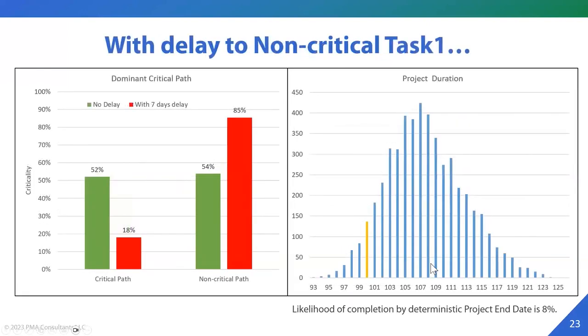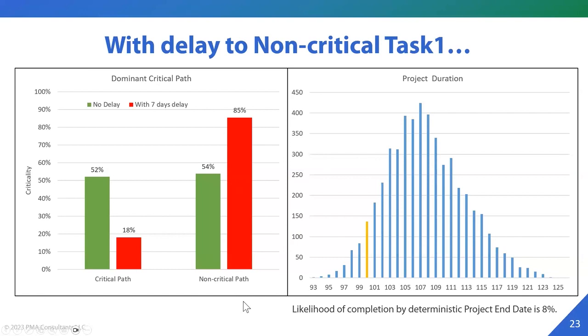However, if you did choose to delay non-critical task 1, well, in that case, now if we look at how often the paths were critical, we see that because of the delay, the non-critical path is now 5 times more likely to be critical.